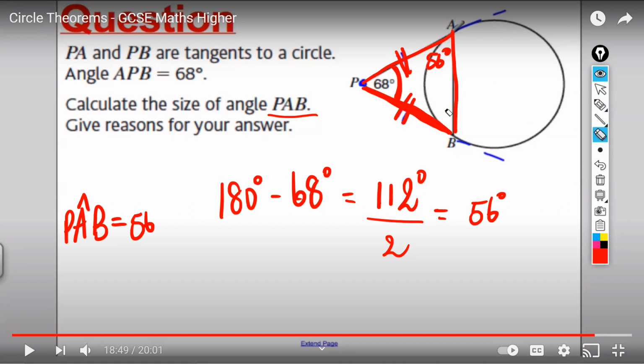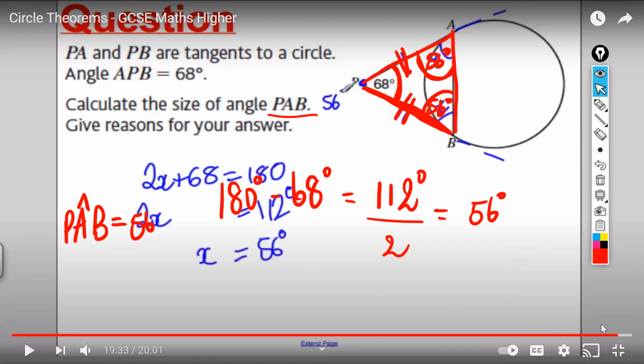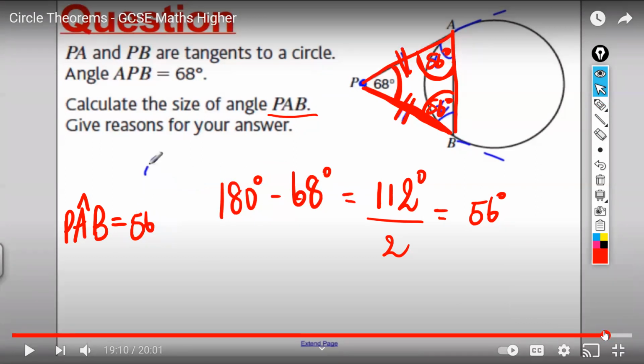And down here is also 56 degrees because it's isosceles. Very similar to the last question. And let's look at the result, 56. So that one is right.